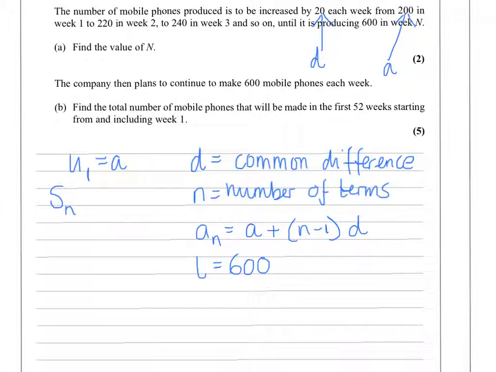The company then plans to continue to make 600 mobile phones each week. Find the total number of mobile phones that will be made in the first 52 weeks starting from and including week 1. I think you've got to separate that out a little bit because the common difference is not going to be 20 after that.